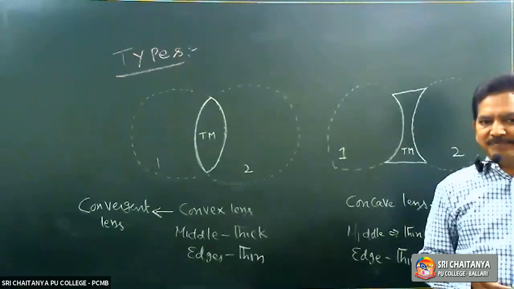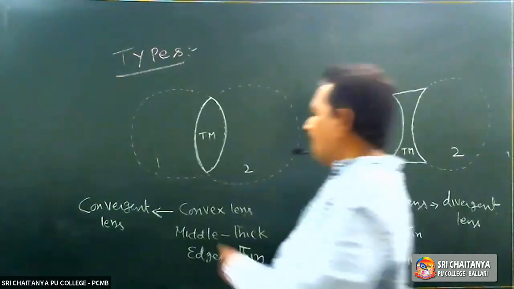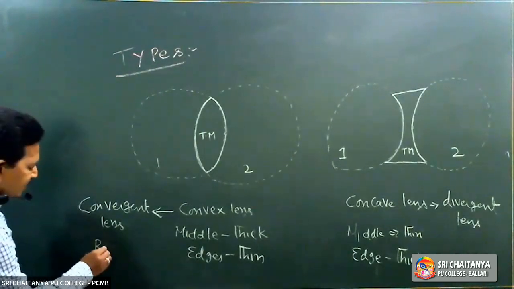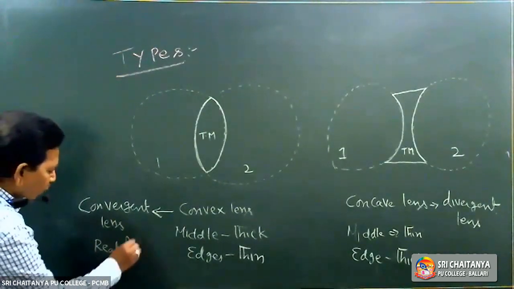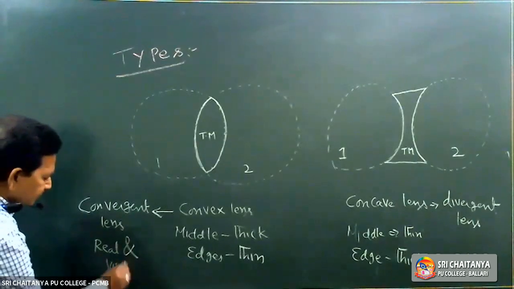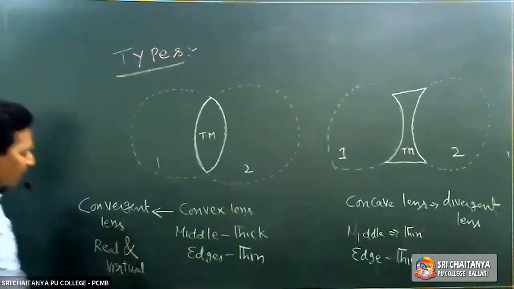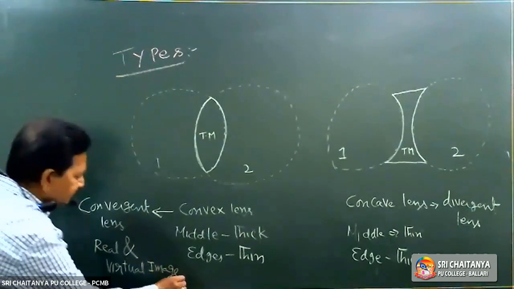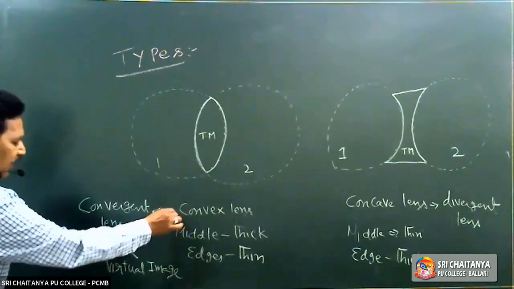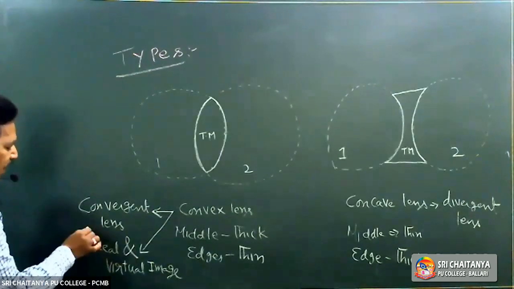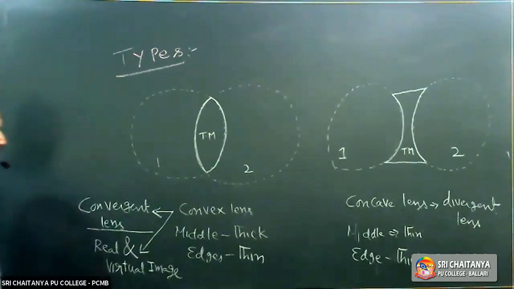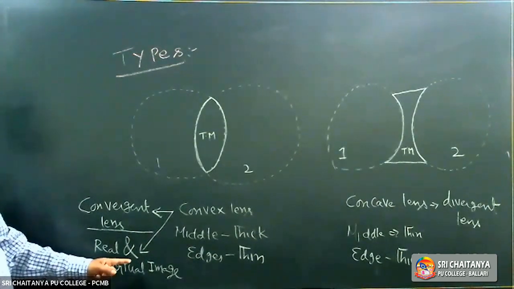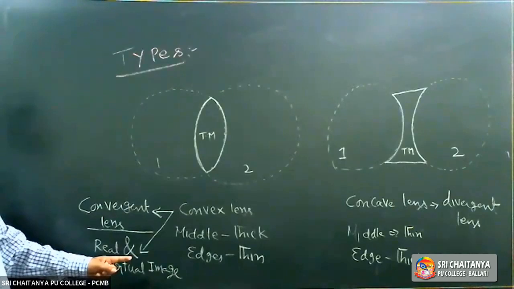Virtual image. Therefore, the convex lens will form both real images and virtual images, based on the position of the object.